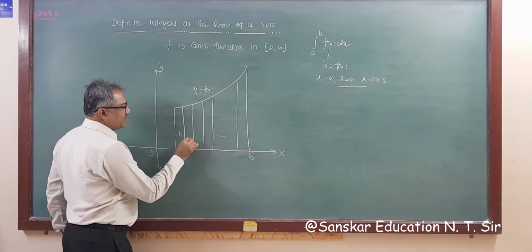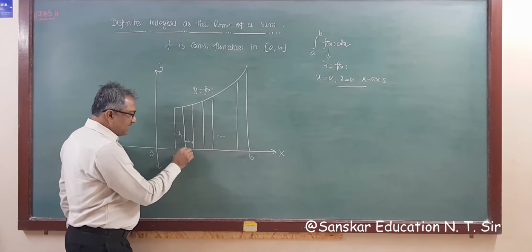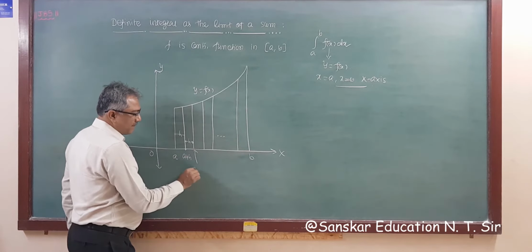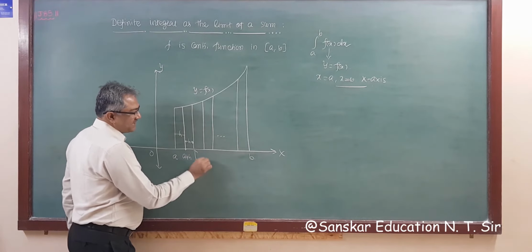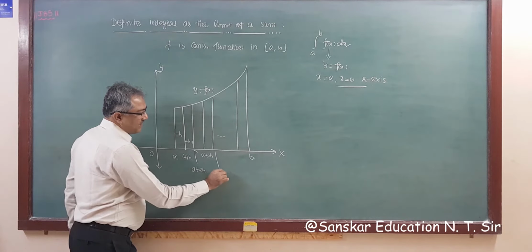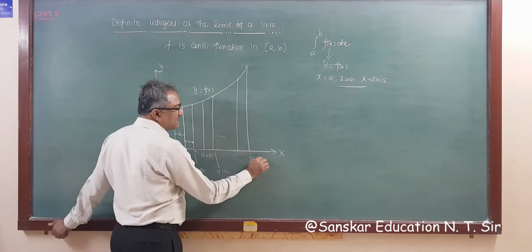So if the first point is a, then the next point is a plus h, then a plus 2h, a plus 3h, and a plus 4h. So b is nothing but a plus nh. B is nothing but what? a plus nh.